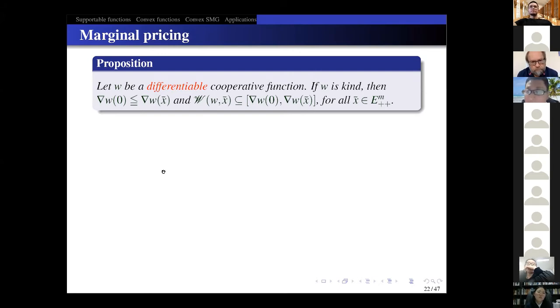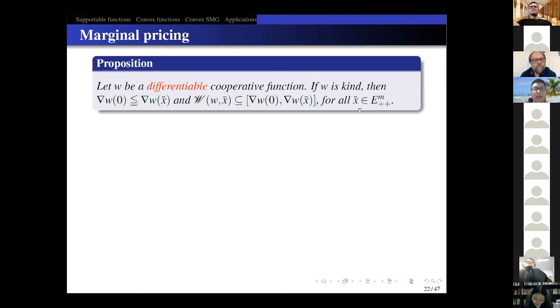We have some similar results in standard cooperative game theory, where we know that for any core allocation, each player's profit is at most its marginal contribution to the grand coalition. Here, x bar corresponds to the grand coalition, and its gradient corresponds to the marginal contribution to the grand coalition.